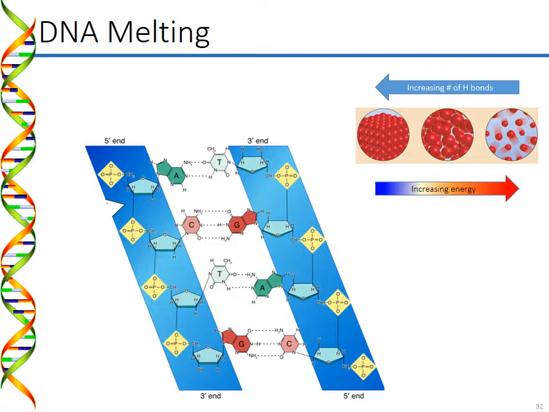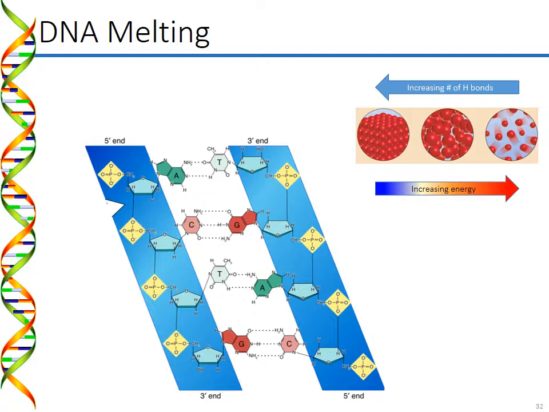Up here on the diagram on the top right, it's important to remember that the number of hydrogen bonds is inversely proportional to the amount of energy within the system. In this diagram, we see on the left a nice orderly system with a lot of hydrogen bonds holding the molecules together in an orderly lattice structure.